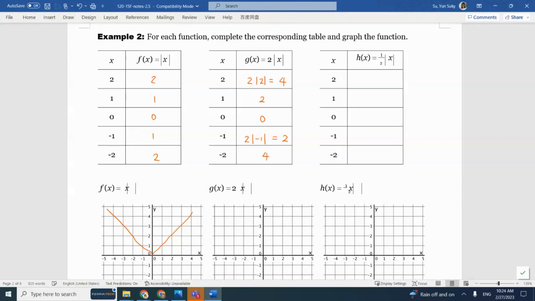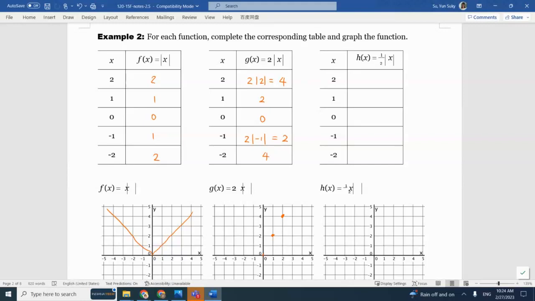All right. Let's put those points on the xy plane. X is 2, and then the y is 4. So we go up and we get 6 points. So 2, 4. 1, 2.